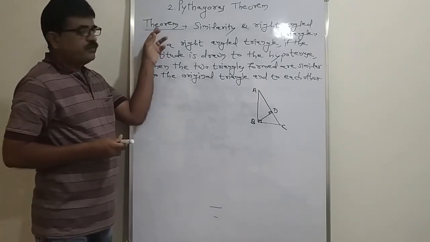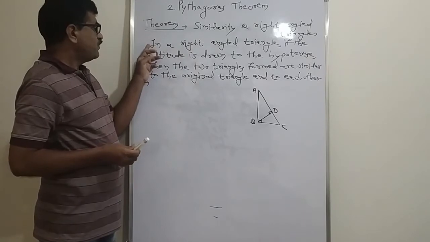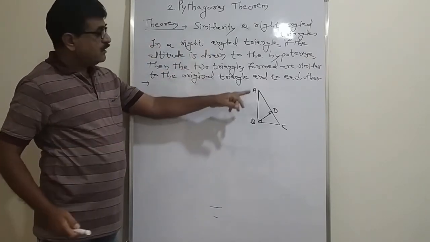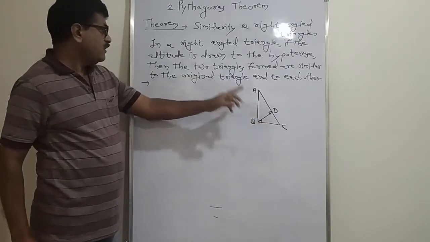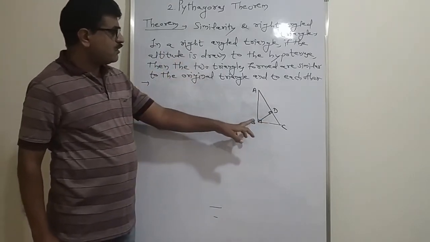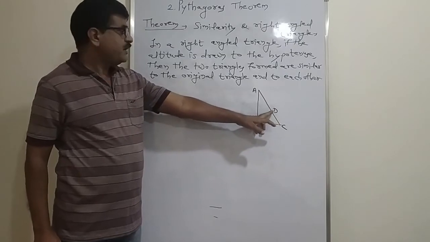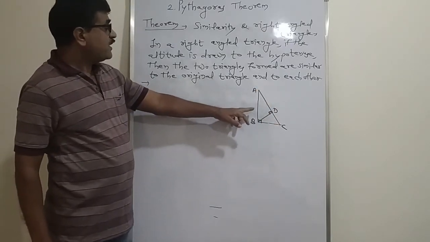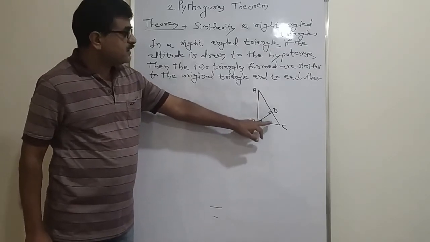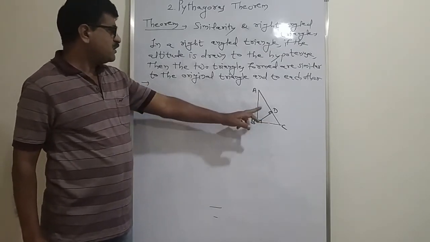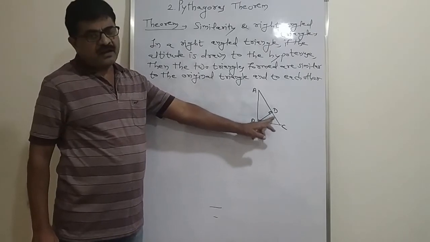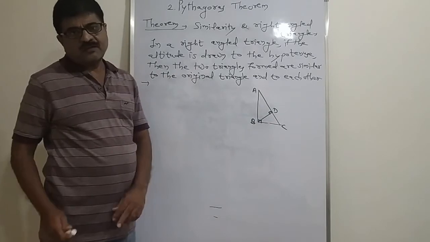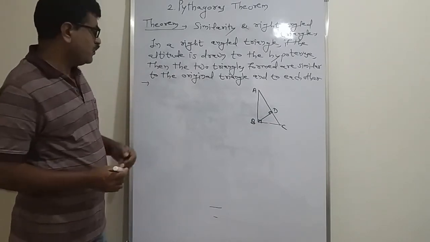Let us see our statement: in a right angled triangle, if the altitude, here BD, is drawn to the hypotenuse, then the two triangles formed are similar to the original triangle and are also similar to each other. This is what we have to show.